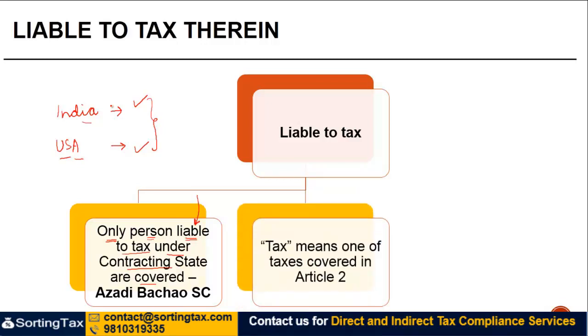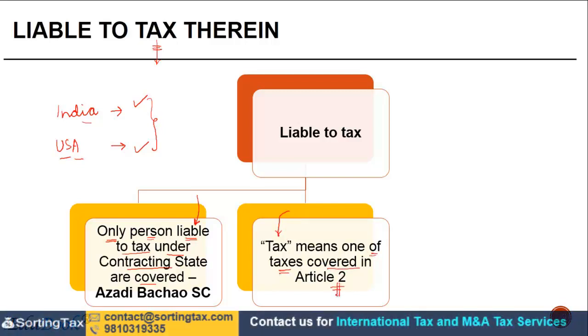Now, when we say liable to tax, what is the meaning of tax? Does tax mean income tax, or what kind of tax is covered here? Tax for the purpose of this article means one of the taxes which are covered in Article 2.